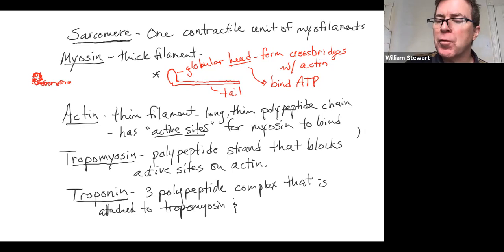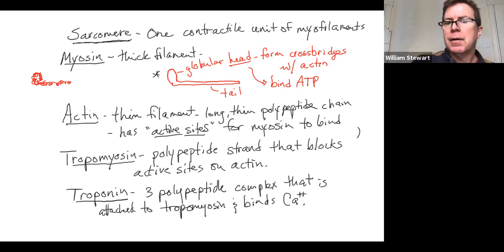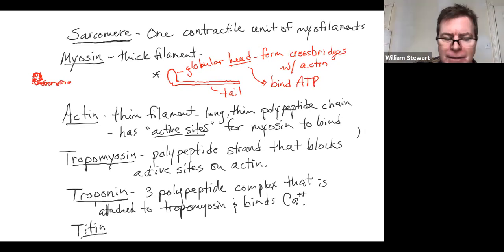And this is the important part: it binds calcium ions, Ca++. Finally, I'm running out of space here, but I already said pretty much what I need to say about titin, the elastic filament. It helps the muscle recoil after stretching. So I'm just going to write the word recoil.